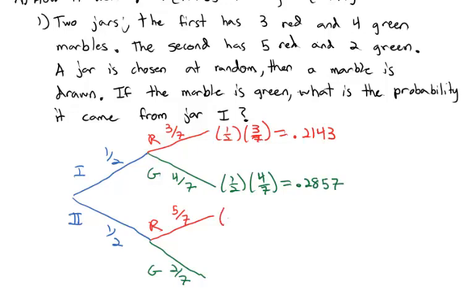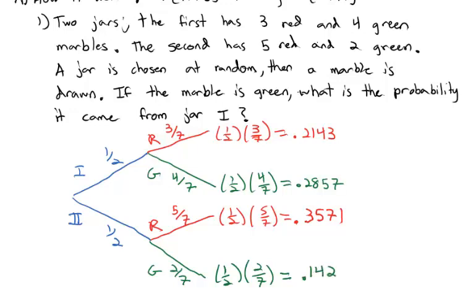A red out of jar 2 is 1/2 times 5/7, which is 0.3571. And finally, a green out of jar 2 is 1/2 times 2/7, which is 0.1429.